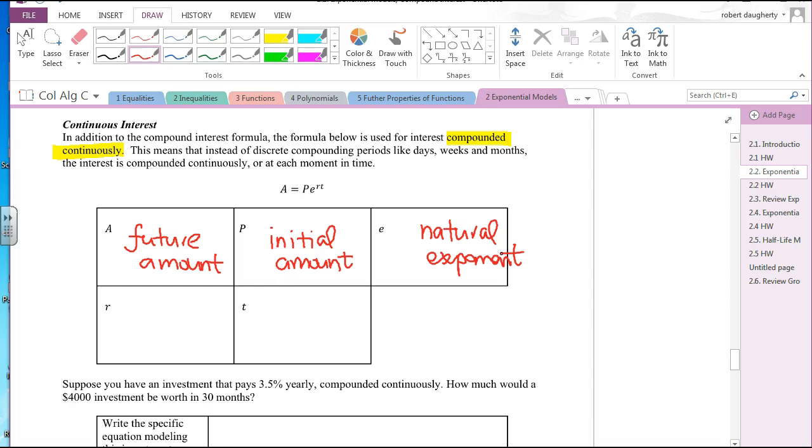What is r? Yeah, that's my interest rate, okay? That doesn't change. And remember, we have to know how to go from percent to decimal to make that work. t is what? Time in years. Okay. You would use natural log when you're solving for this one, okay?